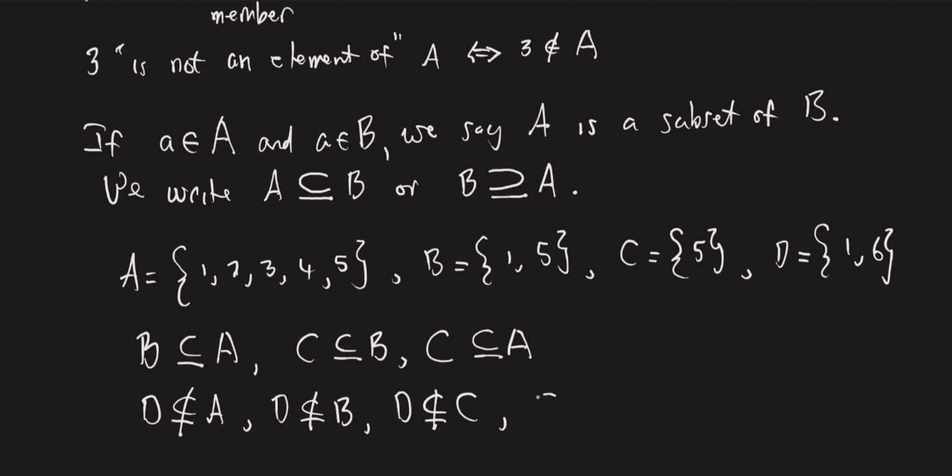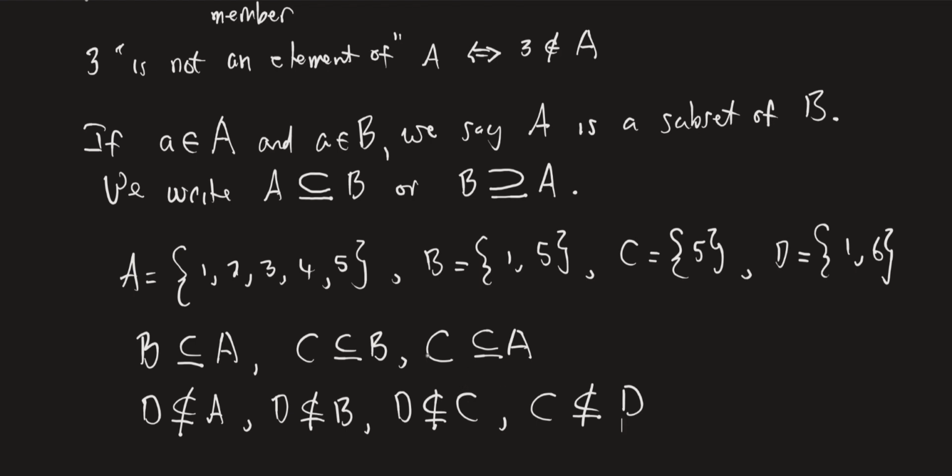So this is also true. So there are lots of true things we could say in terms of being a subset or not. But just to give you an example, here are a few statements that are true in terms of which ones are subsets and which ones are not subsets, right?